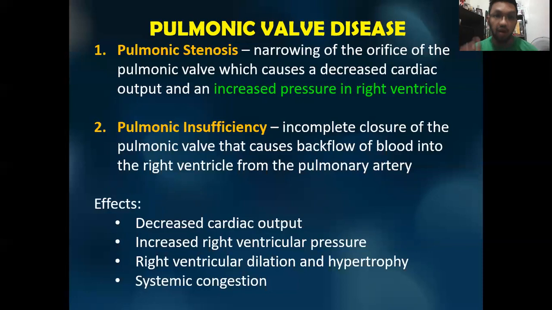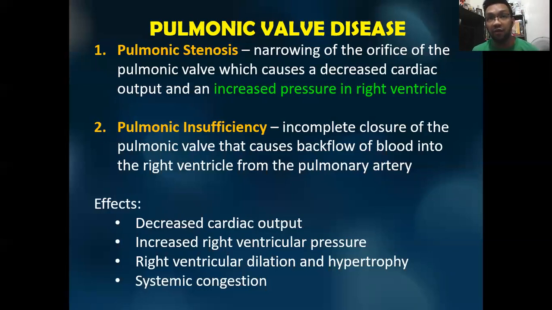If right-sided heart failure occurs, the previous signs and symptoms that I've mentioned: hepatomegaly, splenomegaly, ascites. Ascites is accumulation of fluid into the abdominal cavity brought about by increased blood pressure in the liver. So since the liver cannot take that blood pressure, the fluids leak from it, leading to ascites.